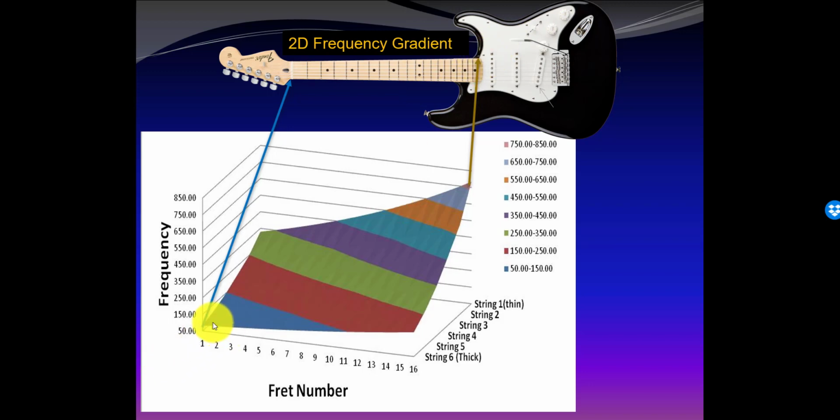And you get a gradient both in this direction along the frets as well as along the strings, hence a two-dimensional gradient. I like to call the gradient along the strings the Y gradient, and the other along the frets the X gradient. That will come back when we discuss MR scanners.